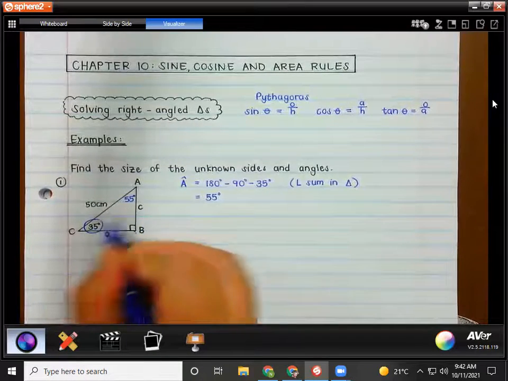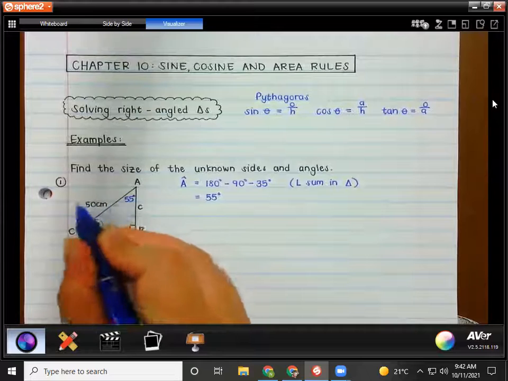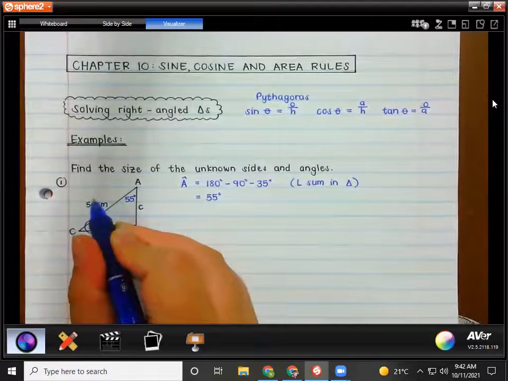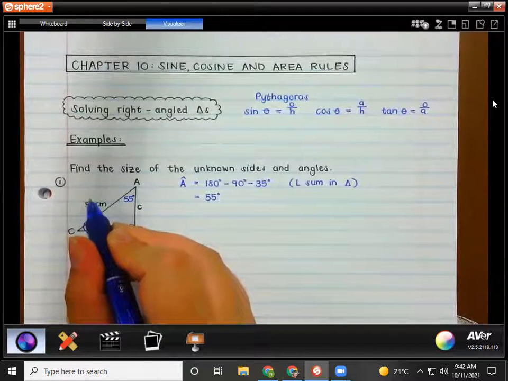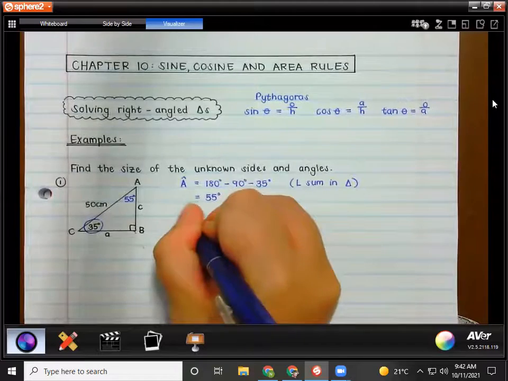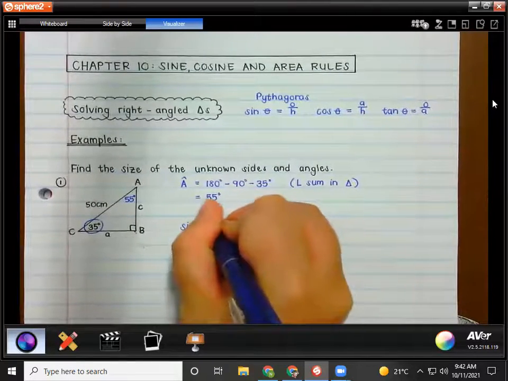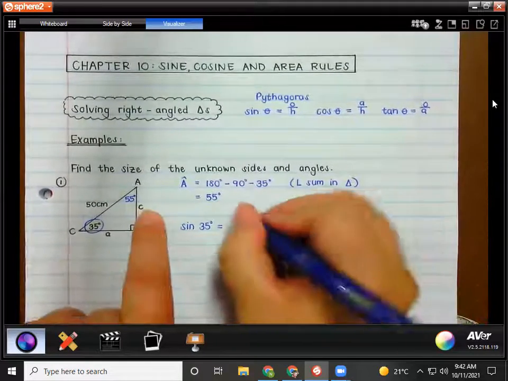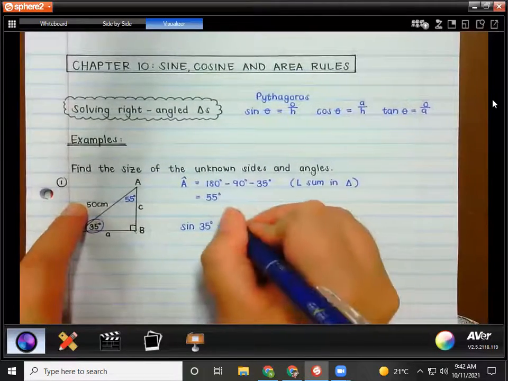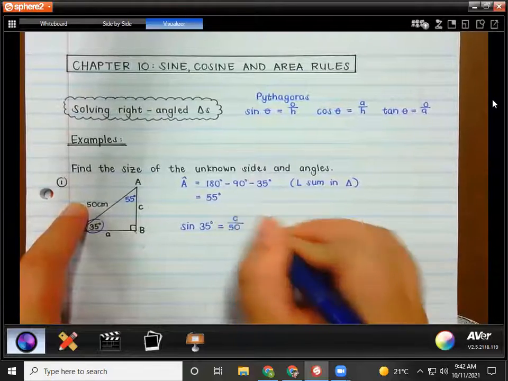And what is the side that we have? The hypotenuse. Guys, which trig ratio works with opposite and hypotenuse? Sine. So that is what you're going to use. You're going to say sine of 35 is equal to opposite, which is lowercase c, over hypotenuse, which is 50.